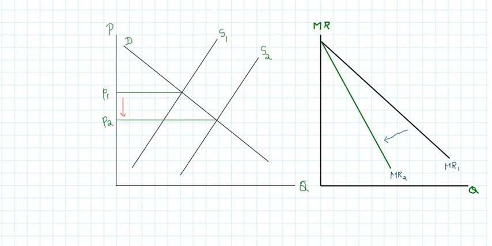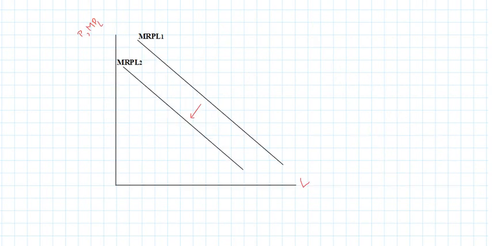This means that there would be a fall in the marginal revenue obtained by additional unit of labor hired. So this will also shift the MRPL curve. So if the original MRPL curve was this, it will shift towards the left. Why is it shifting? Because there is a reduction in the marginal revenue. So this shift is from MRPL1 to MRPL2.